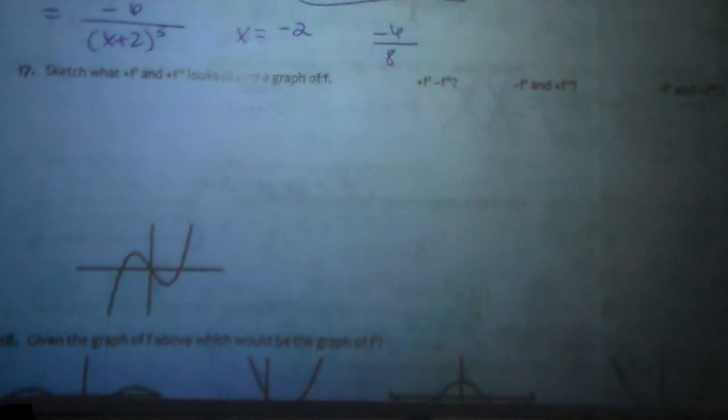Okay, sketching what f prime and f double prime look like on a graph of f. So I want to translate these into f. So f prime positive means f is increasing, and f double prime positive means concave up, increasing and concave down. This is decreasing, concave up.